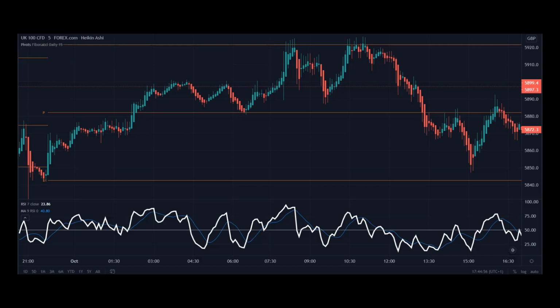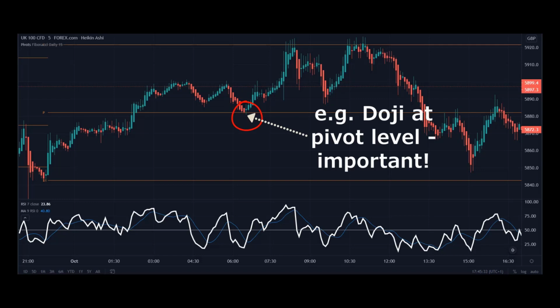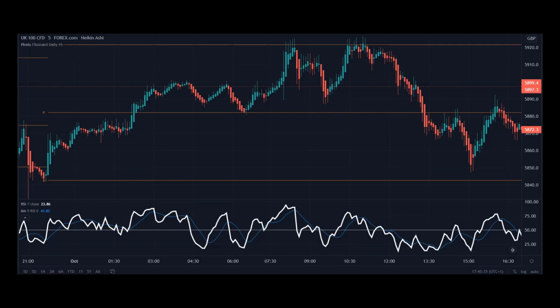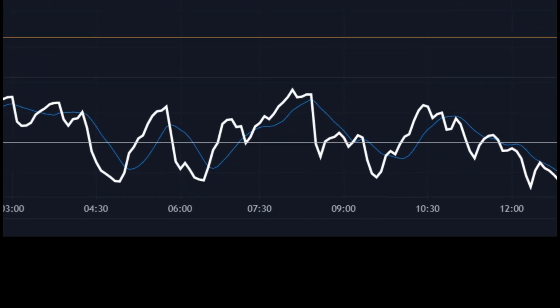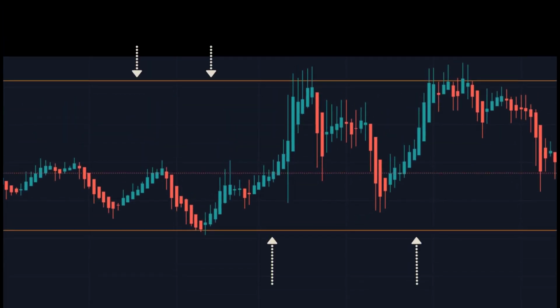And here you go, here's a chart example, and it's really simple. You're looking for the spinning tops, dojis, around key pivot points. Often the psychological players, like a magnet, pull price to these pivot points, and we're looking for the reversal in the price.